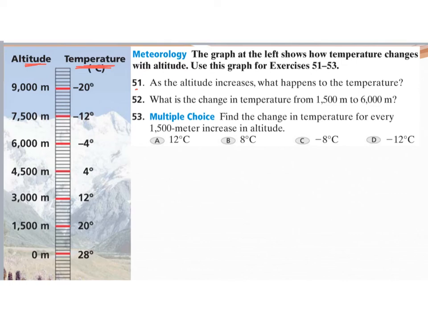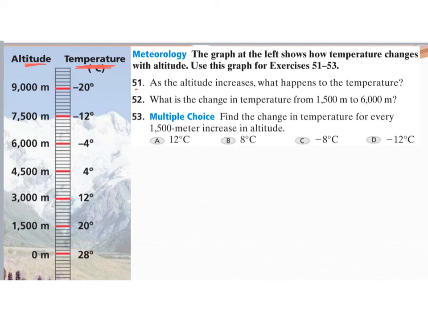And notice on this scale, our negative numbers are on the top part for temperature, and our positive numbers are on the bottom part. I also notice that my altitude scale increases as I go from the bottom up.